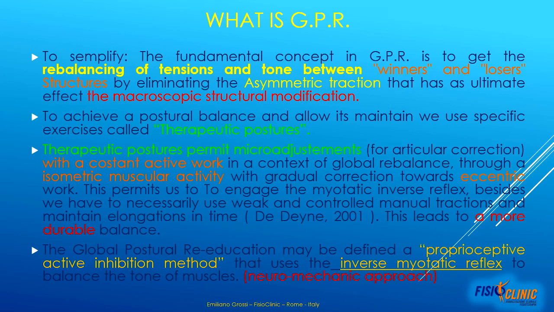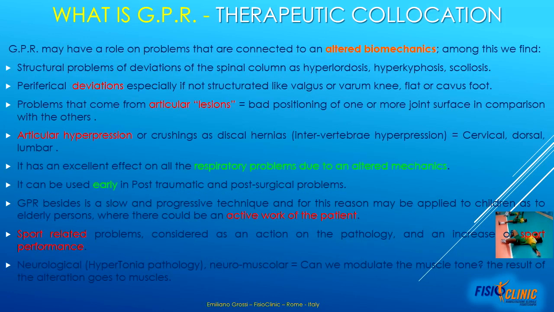So let's start this overview on what are the kinds of problems that RPG can face, so we can see later on how they can be treated, and I can show you at the end of this presentation some case results. So RPG may have a role on problems that are mainly connected to altered biomechanics.